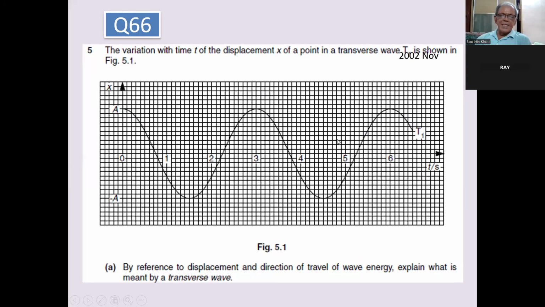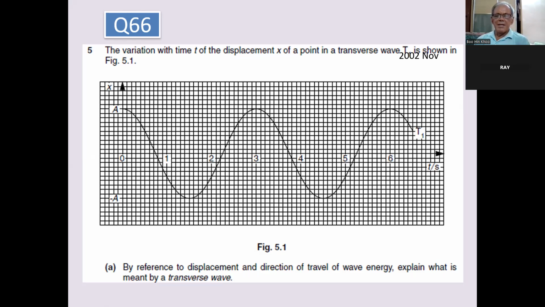The variation with time t of the displacement x of a point on transverse wave T1 is shown in figure 5.1. By reference to displacement and direction of travel of wave energy, explain what is meant by transverse wave. Right, there are simple marks for you to gain.